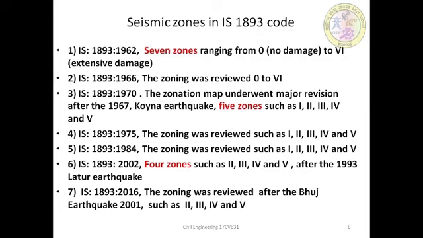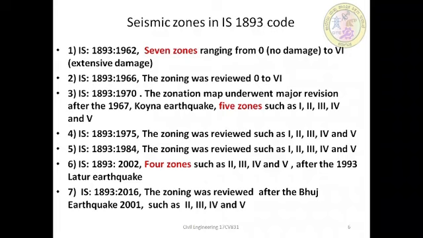The zonation map underwent major revisions after the 1967 Koyna earthquake. Koyna is a place in Maharashtra, famous for Koyna Dam, which was the epicentral location of the 1967 earthquake.